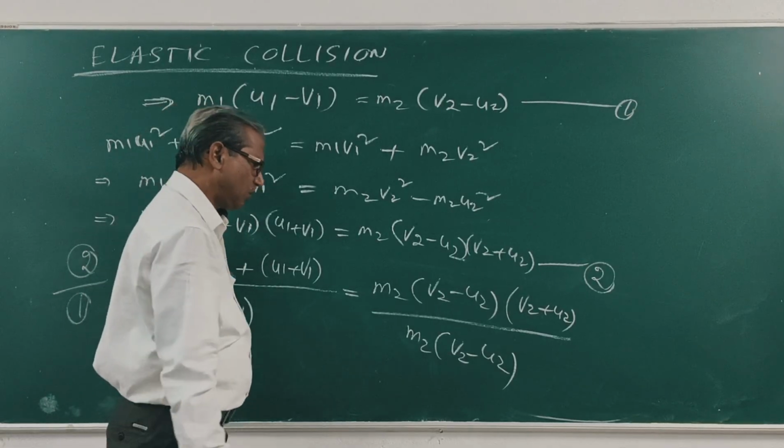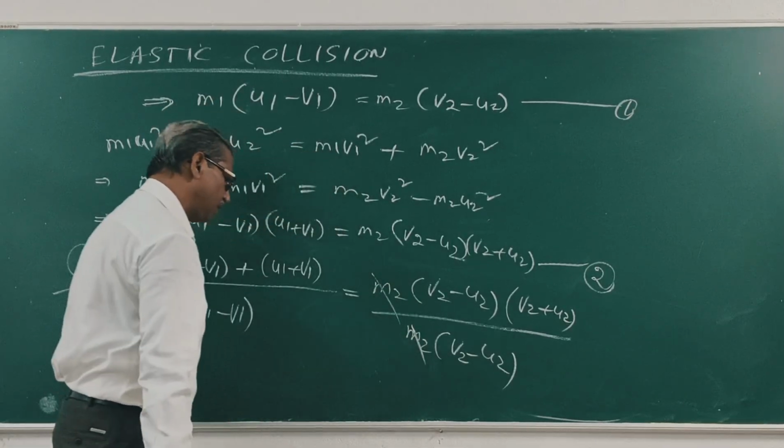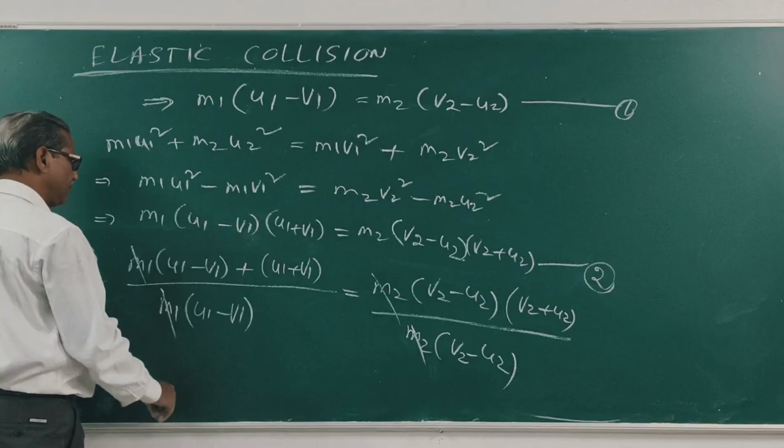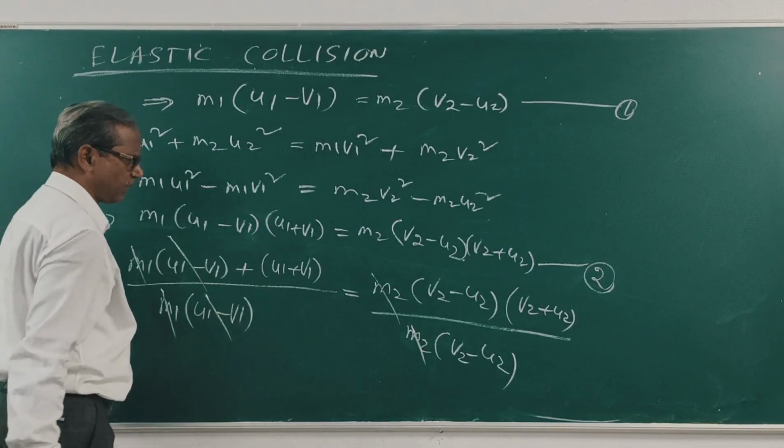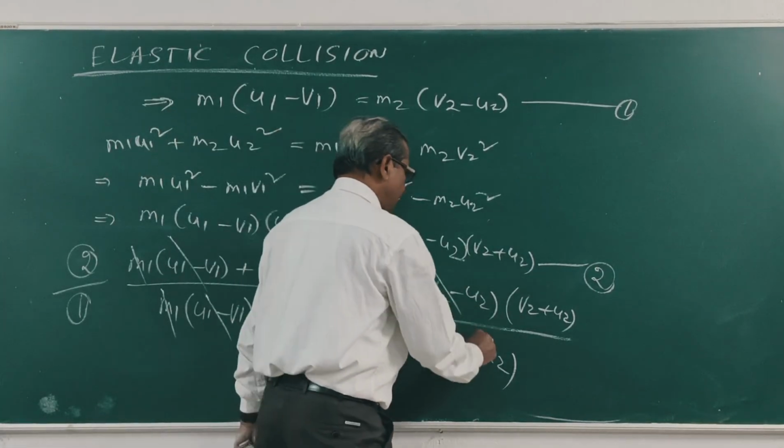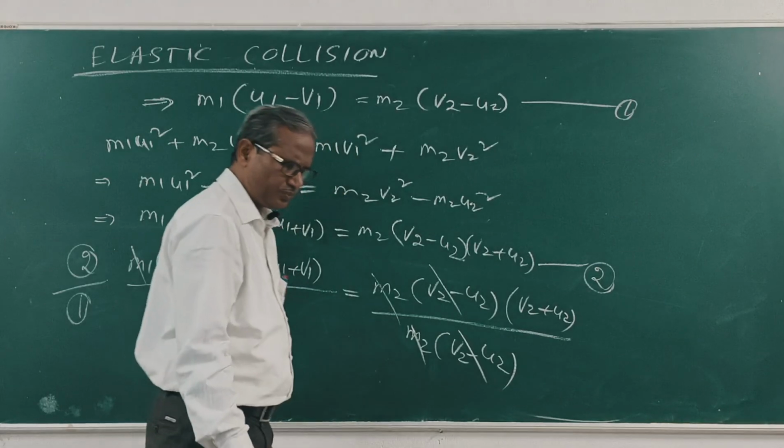Clear? So m2 cancels out, m1 cancels out, (u1 minus v1) cancels out, (v2 minus u2) cancels out.